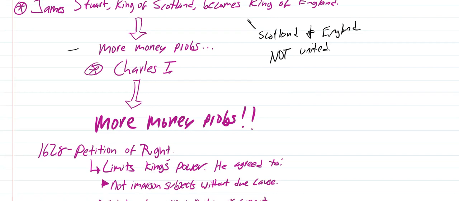It doesn't really make a whole lot of sense, but nevertheless, in England, James Stuart still had more money problems because he was left in a pretty terrible situation, and Parliament didn't give him money when he needed it.